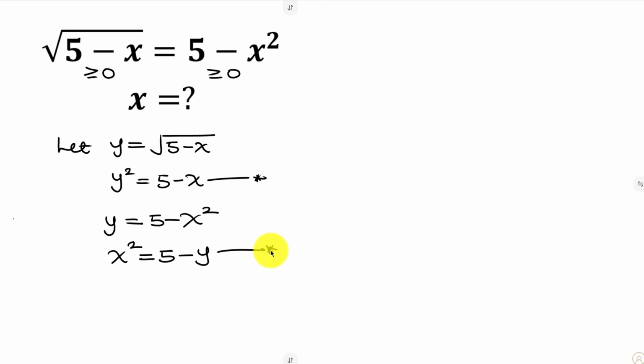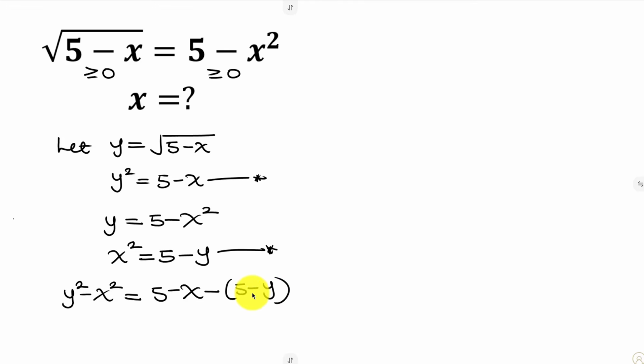Now we've been able to generate two symmetric equations that we can solve easily. So the best way to solve symmetric equation is to subtract them. So we have y squared minus x squared equal to 5 minus x minus this, which is 5 minus y.